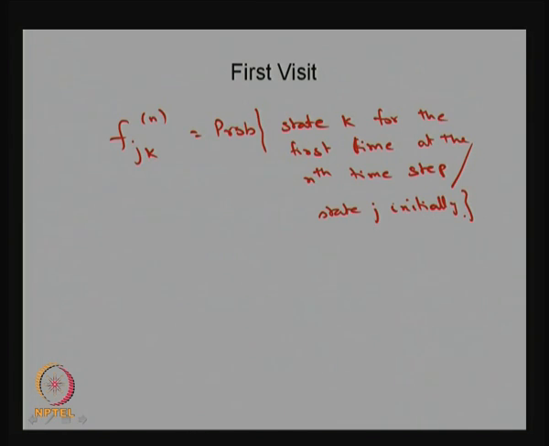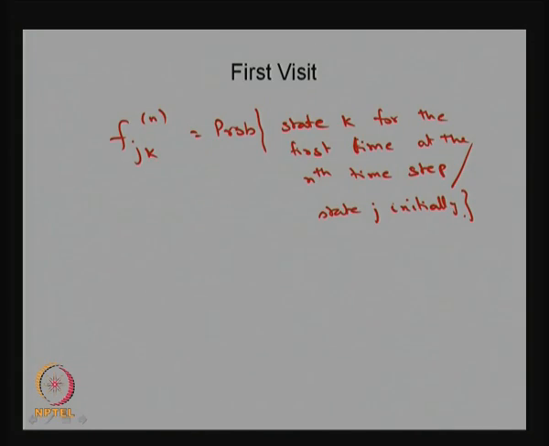This is a conditional probability mass function of the system moving from the state j to k, and reaching the state k at the nth time step for the first time.